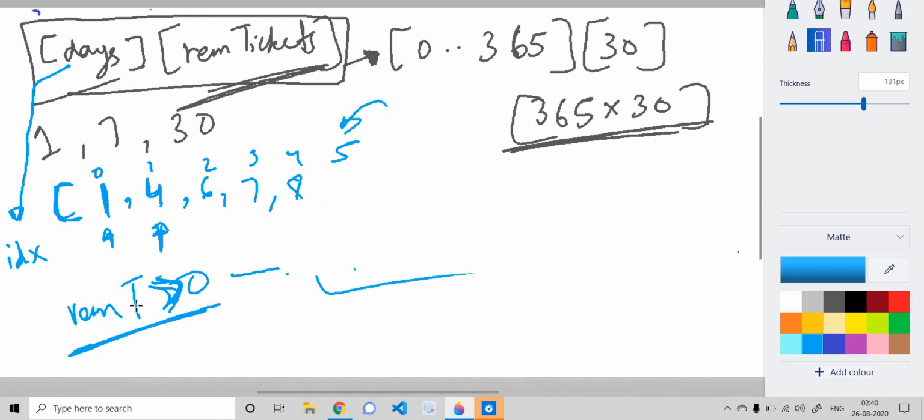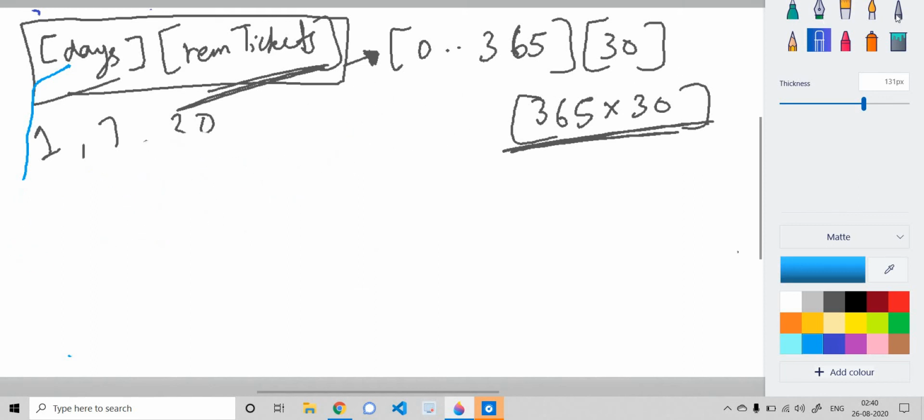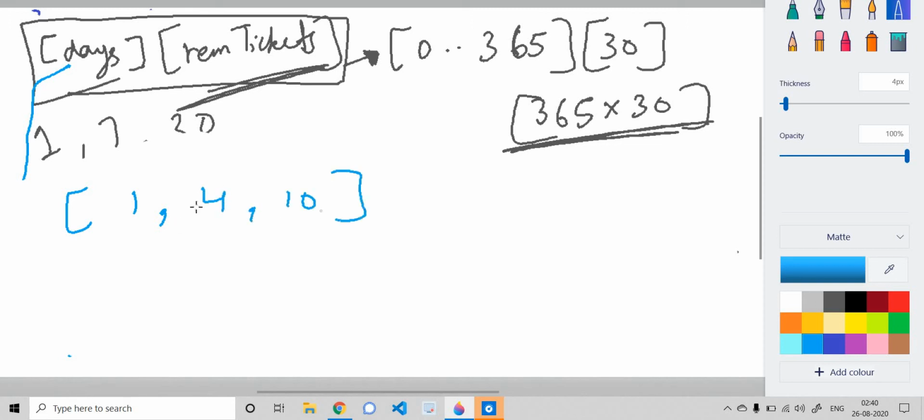Now let's see how we can update our remaining tickets. Suppose we have our days array, and the values in this days array are 1, 4 and 10, and I am here at this index I, which is equal to 1, and at this point I have remaining tickets as 0.